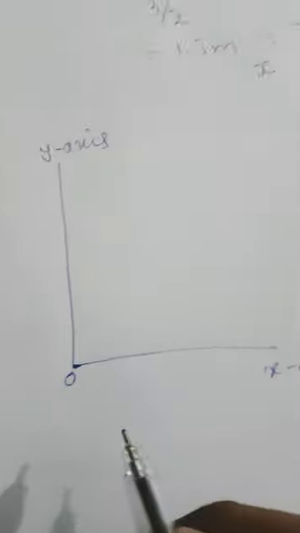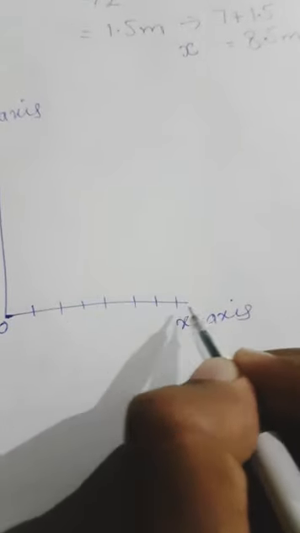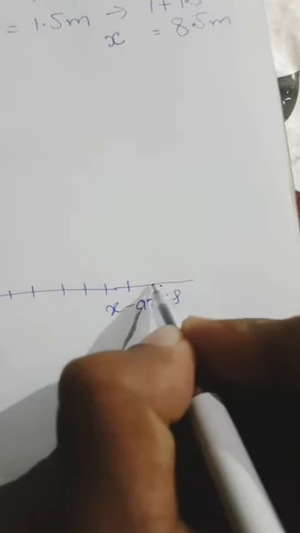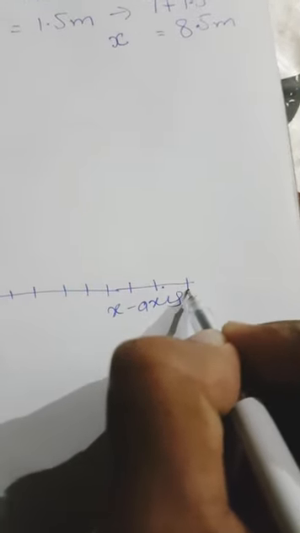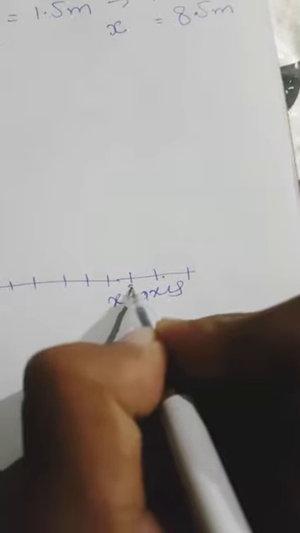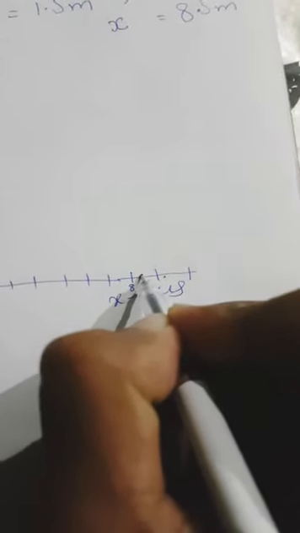So how to locate the center of gravity of that object? We will go along the x-axis: 1, 2, 3, 4, 5, 6, 7, 8, 9 and 10. This is 8 and this is 8.5.